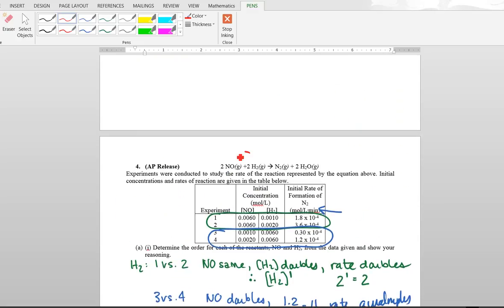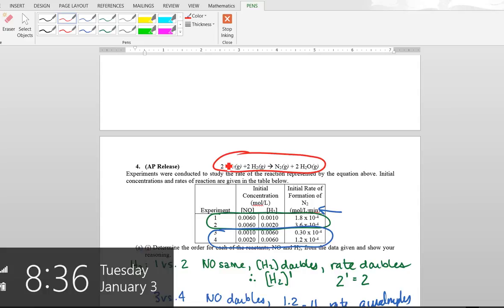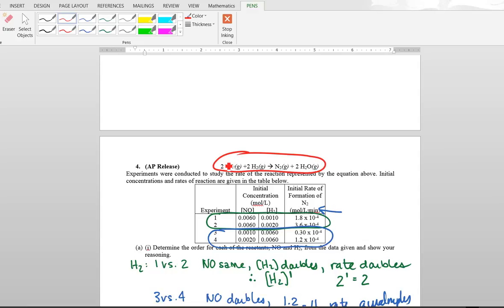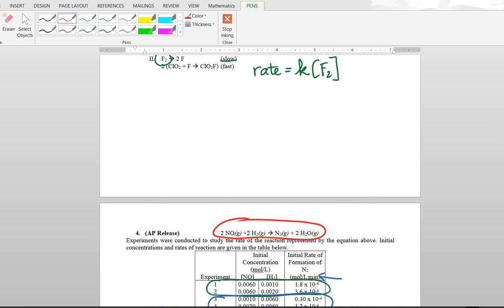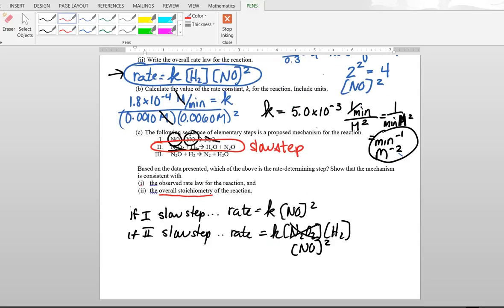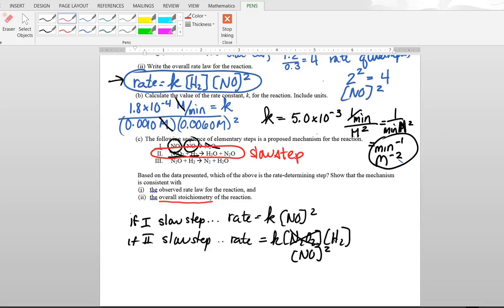So notice up here at the beginning they told you this is the overall reaction. So you want to check this mechanism and say, okay, when I add up these three steps, which are hard to read now, so let me erase my writing. When you add up these 3 steps, does it match the overall mechanism?